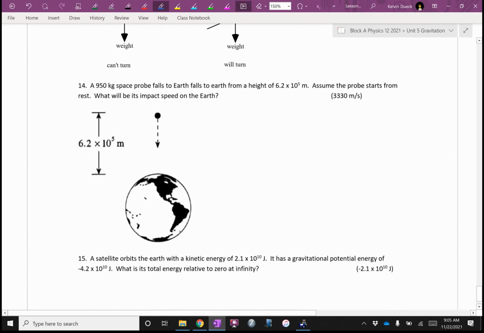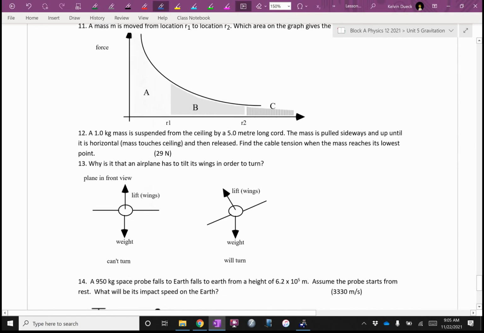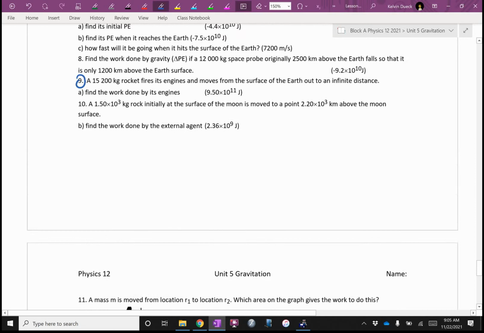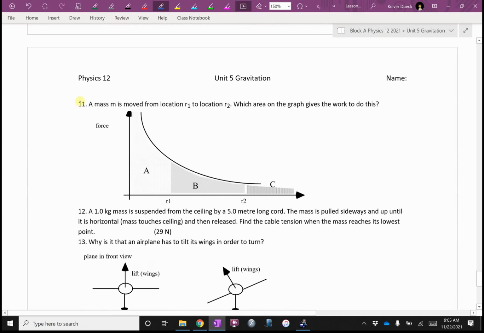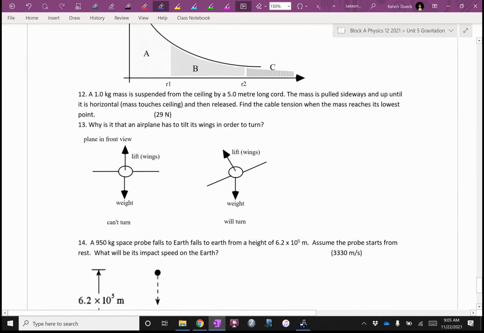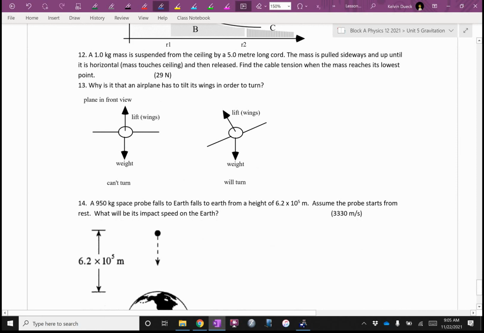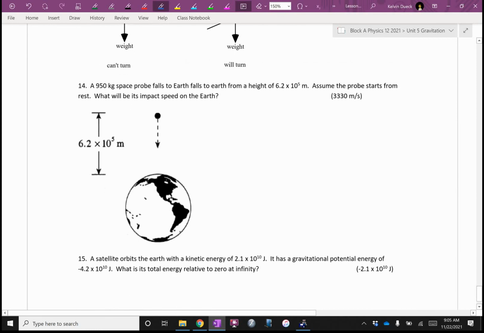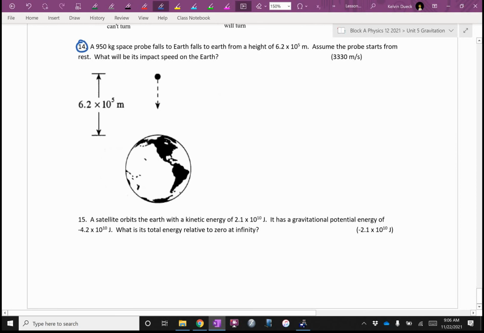Let me just see here. I want to give you practice with this, so I'm going to skip 10. 11 is good from the notes. 14 is good. 15 is good.